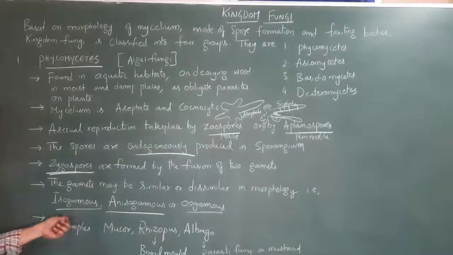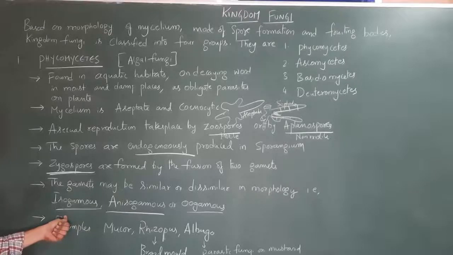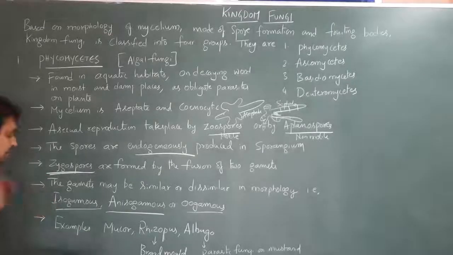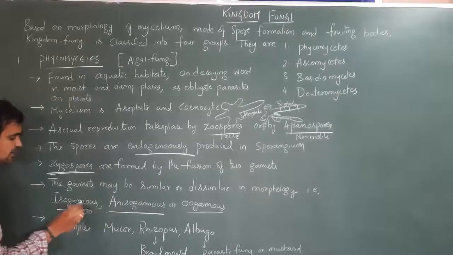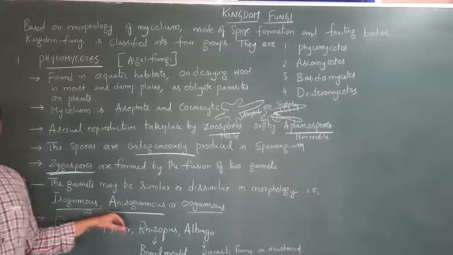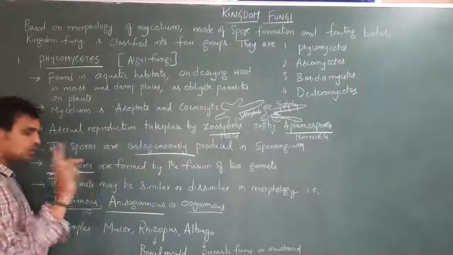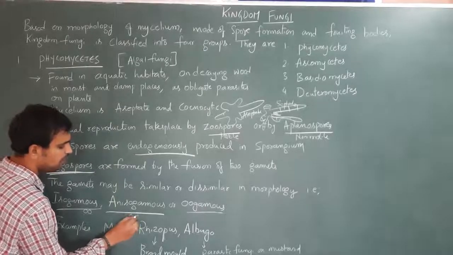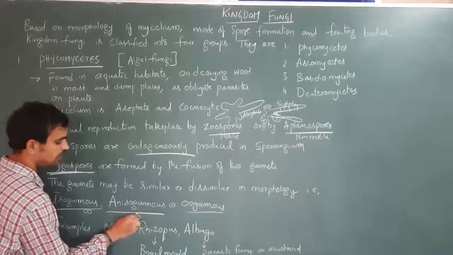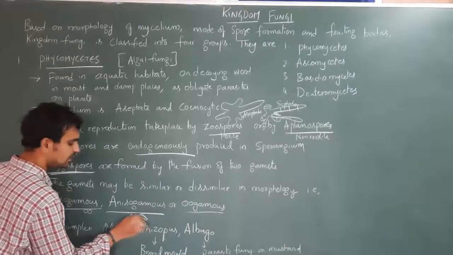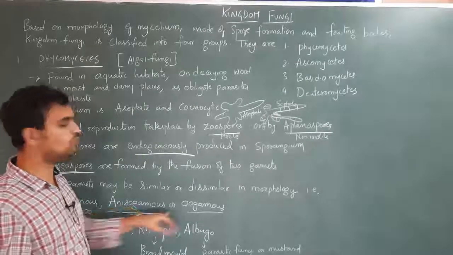So what is isogamous? The fusion that takes place between 2 similar gametes. Here the 2 gametes are similar, so it is called isogamous. Anisogamous: here the fusion takes place between 2 dissimilar gametes. One may be small, one may be large, or the structure may be different, like this. That is called anisogamous. Now oogamous.